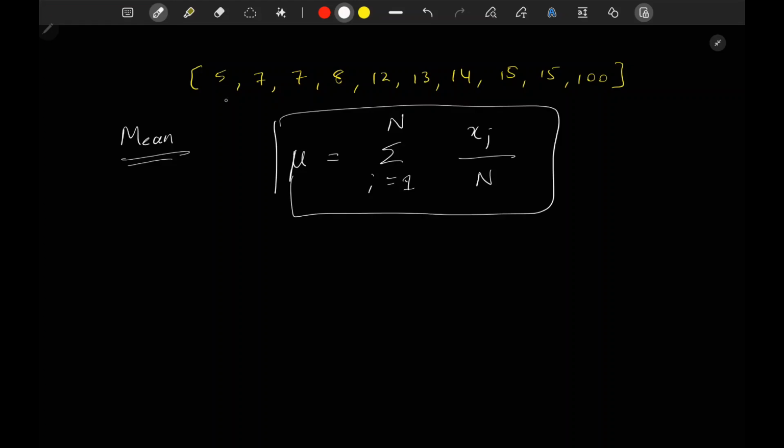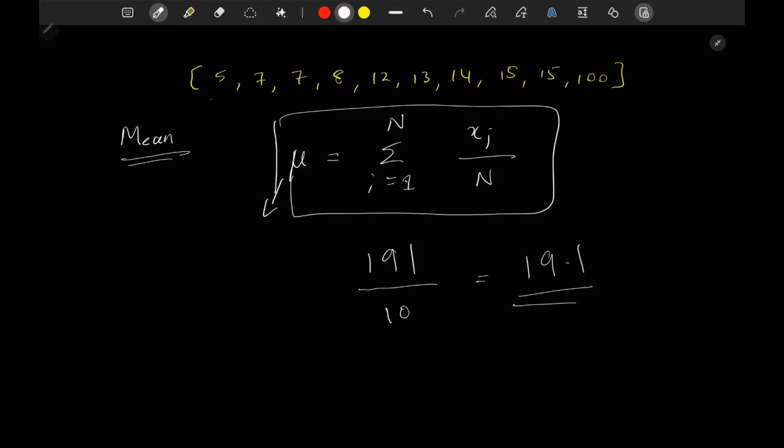So we are going to sum all the values in the set. If I sum these values, I'm going to get 191, and we need to divide by the total number of values in the set, that is 10. So we are going to have 19.1 as the mean value.